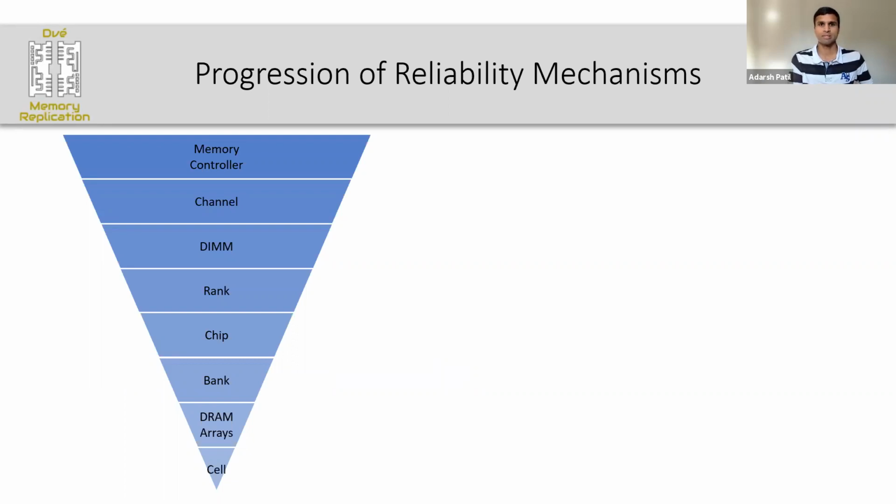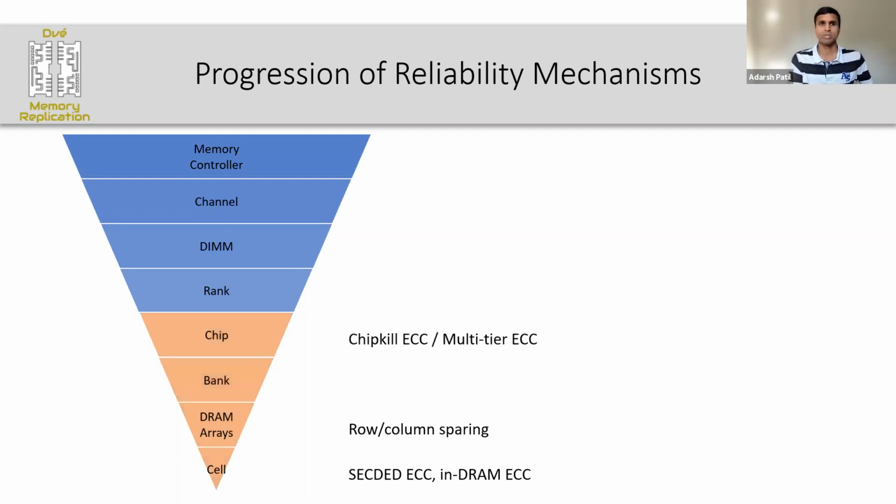DRAM reliability mechanisms over the years have been incrementally adding new mitigation techniques to protect against errors rising up in this memory hierarchy. Starting with SEC-DED ECC and row column sparing to detect and correct cell and array level errors, to chip-kill ECC to handle DRAM chip level errors, all the way to IBM RAIM and Intel memory mirroring techniques to handle channel level failures.